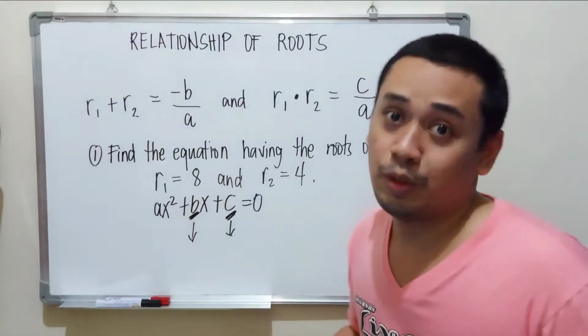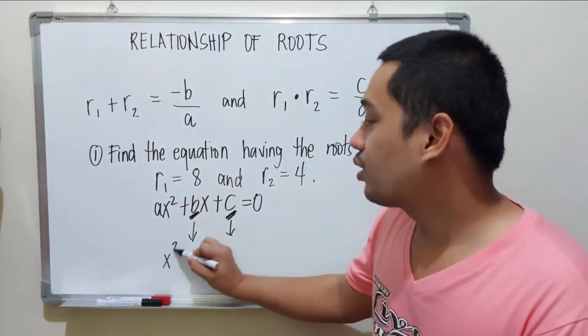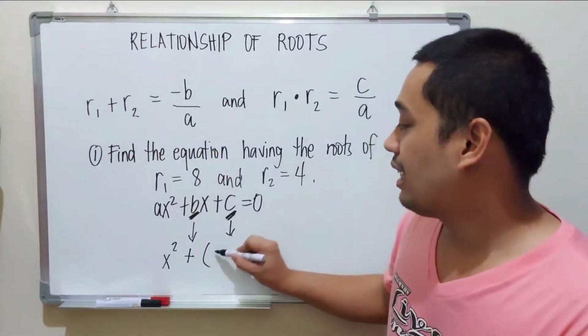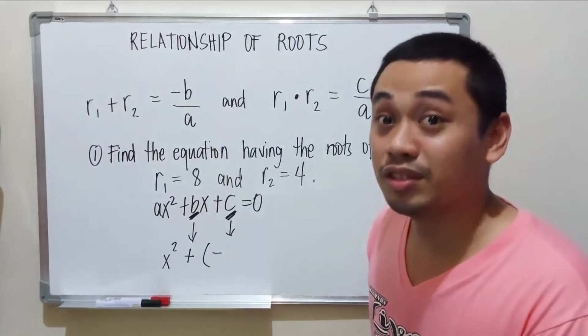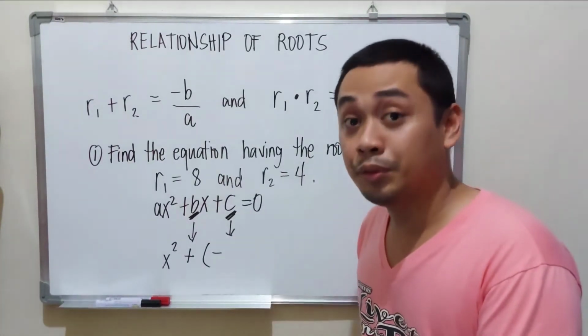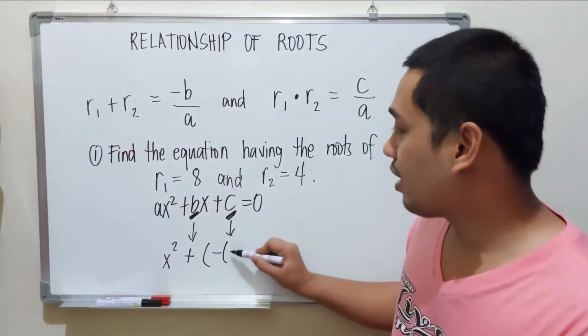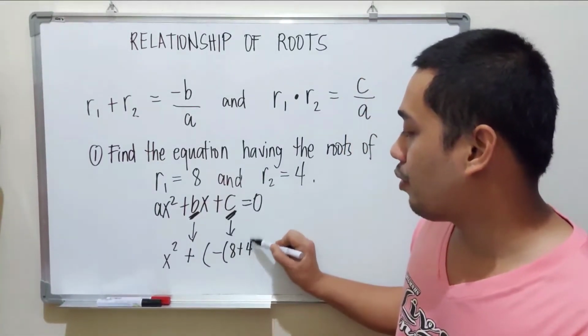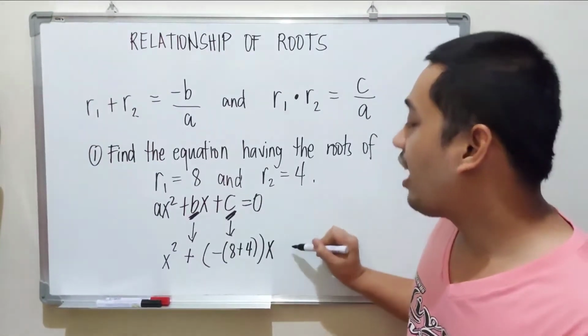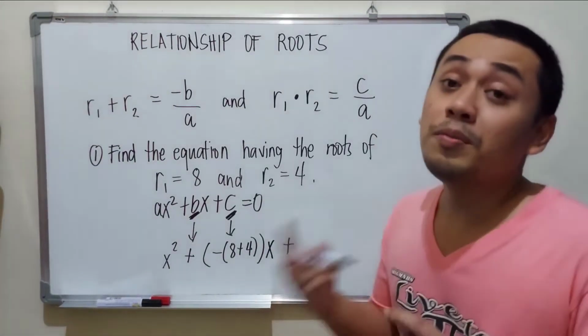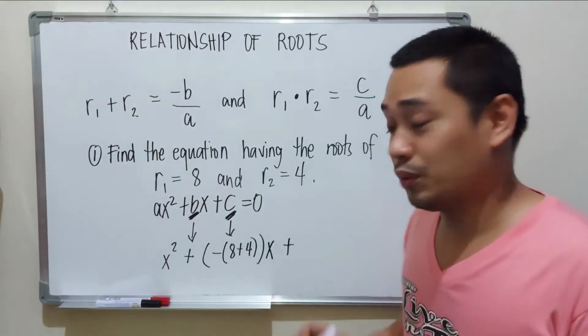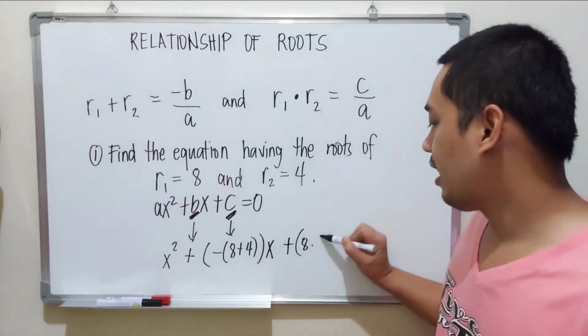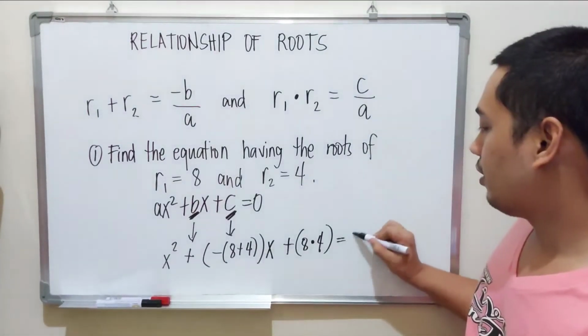So, our expression will be x squared plus, as it says, the negative sum of the roots. So, negative sum of 8 plus 4, x plus the product of our roots, 8 times 4, equals 0.